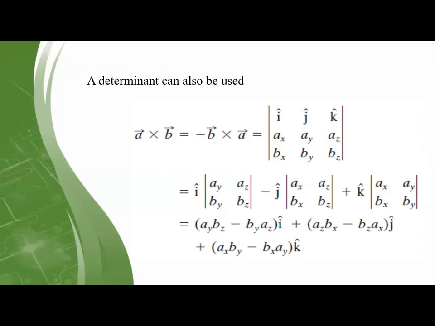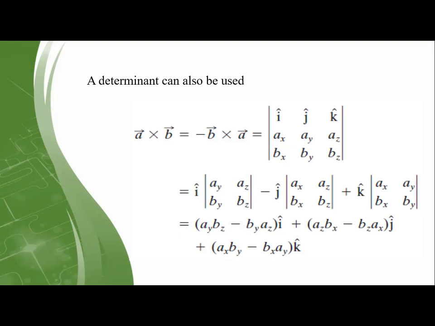And then for the first step, we consider the i hat component, and then we consider only this determinant. We erase the column and row that contains i hat, and the remainder is a determinant with 4 components: AY, AZ, BY, BZ.